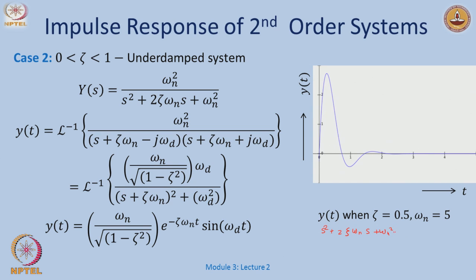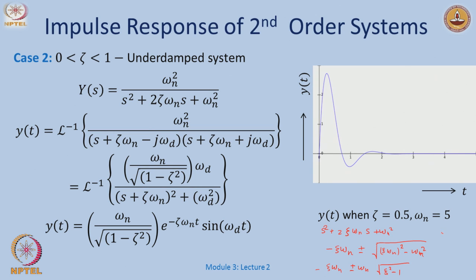If I look at how to find the roots of this, these roots would be minus zeta omega n plus or minus the square root of (zeta omega n) squared minus omega n squared, divided by 2, the standard formula. This is minus zeta omega n plus or minus omega n square root of zeta squared minus 1.